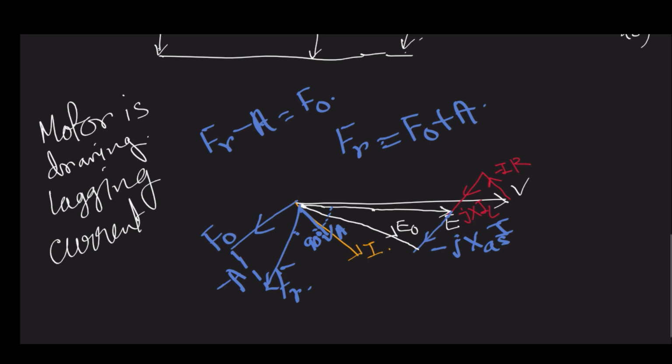Now see, if the motor is drawing lagging current, then it is just like the regulation scenario of your transformer, where the armature current is sufficiently demagnetizing in nature. But here, in case of motor, one thing is different from that of transformer.